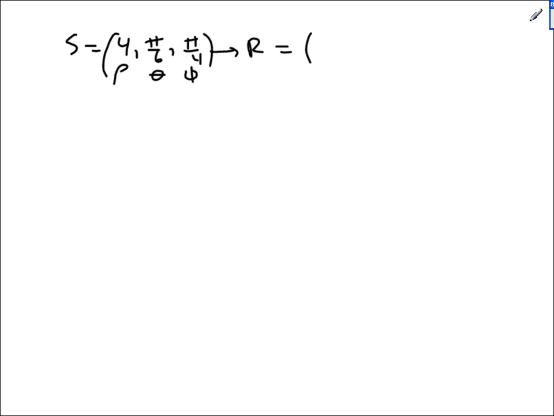Suppose you had spherical coordinates 4, pi over 6, pi over 4, and you want to go rectangular. So when you have rho, theta, and phi, and you want to know x, y, and z. Well, you know that x squared plus y squared plus z squared is rho squared. 4 squared, 16.